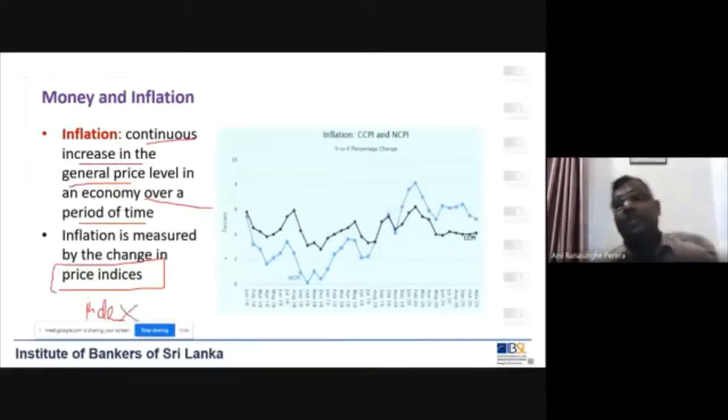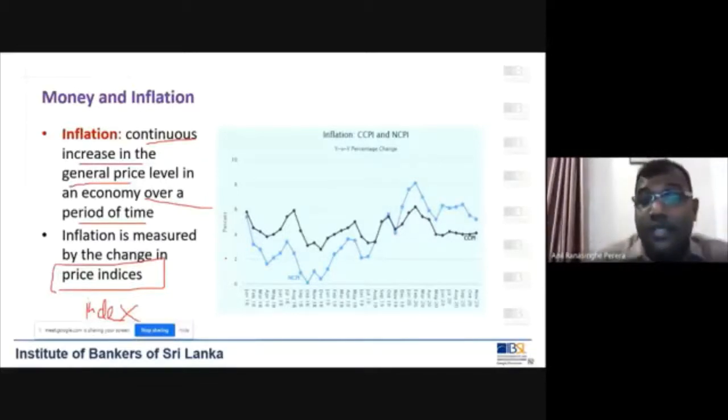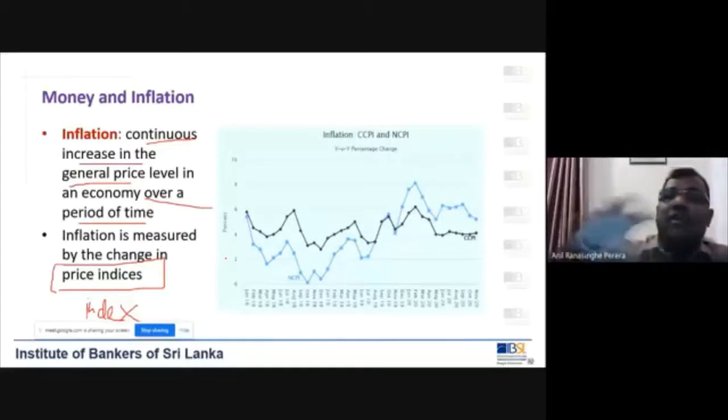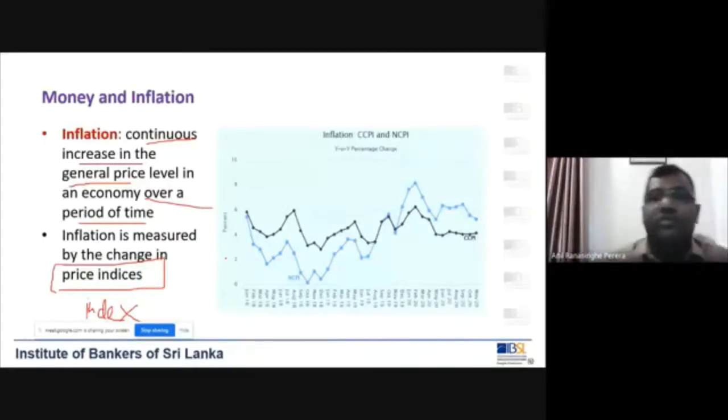So we use an index. Index means we take a sample of prices in the economy. We can't measure all these millions of prices, right? We take a sample. Sample in the sense we take a representative basket of goods and services. I don't know how to draw the basket, but let's say this is the basket.